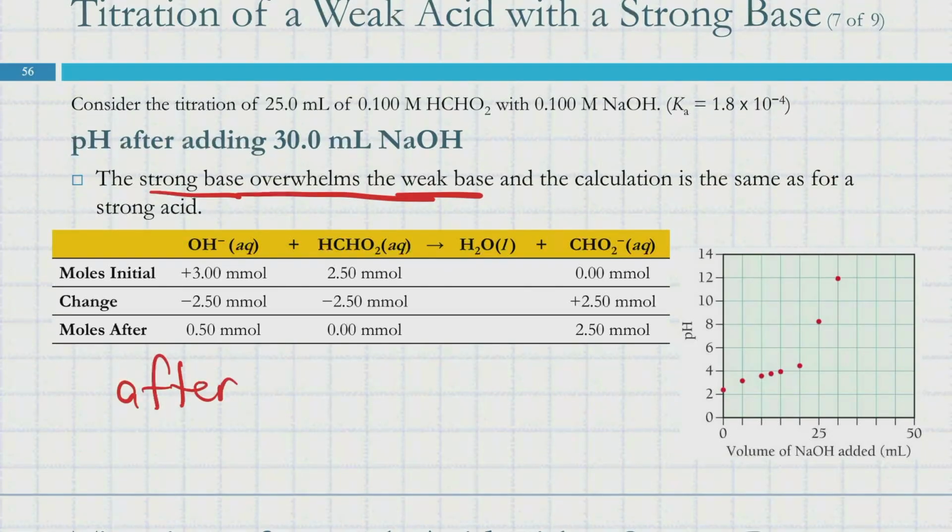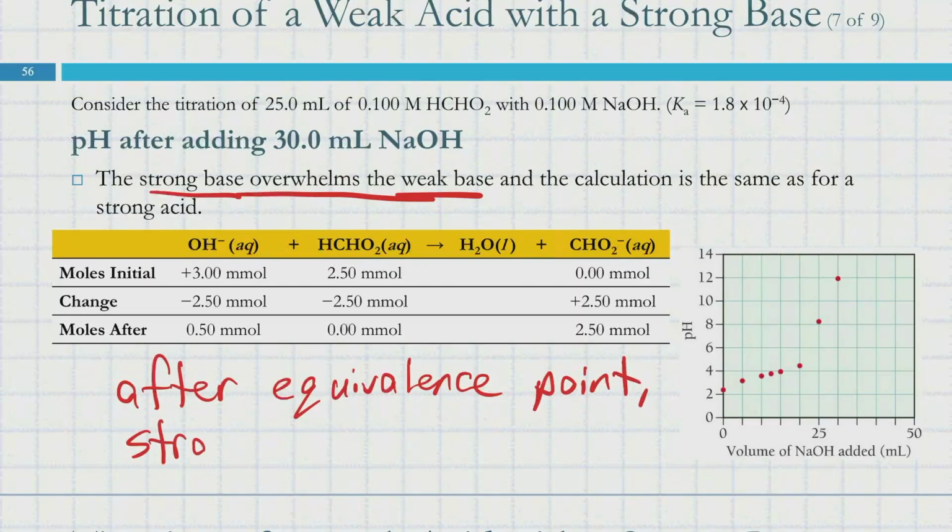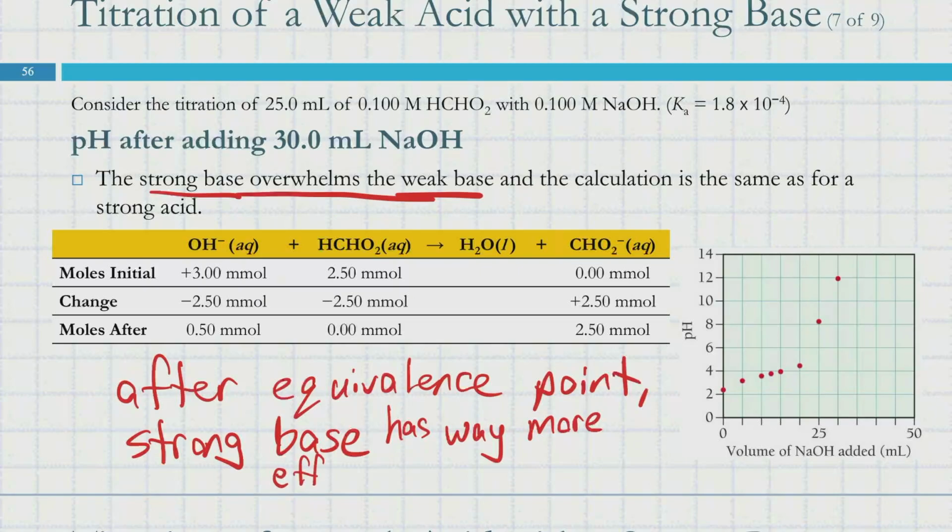So after the equivalence point, strong base is way more concentrated, has way more effect than the weak conjugate base.